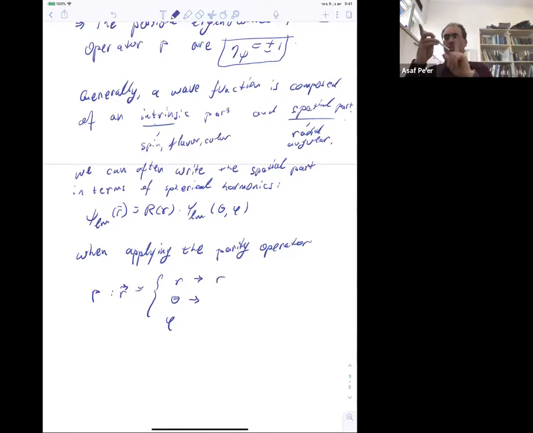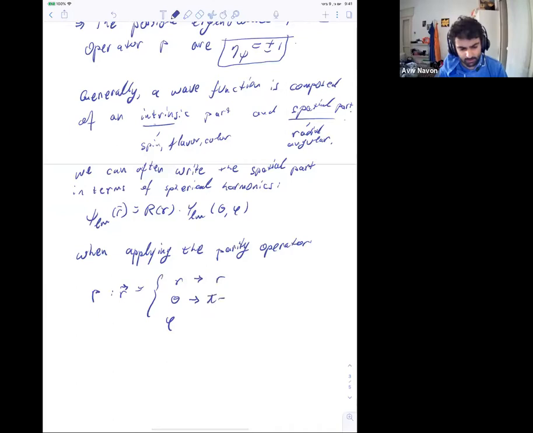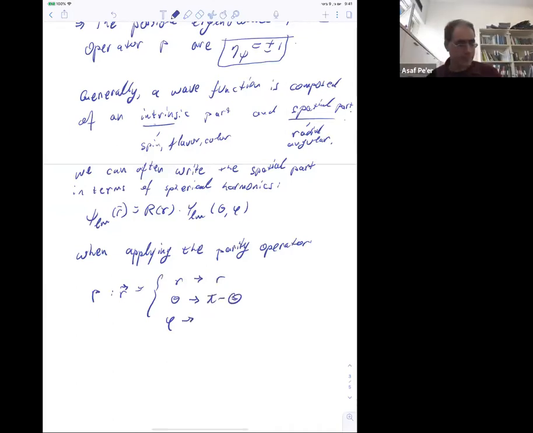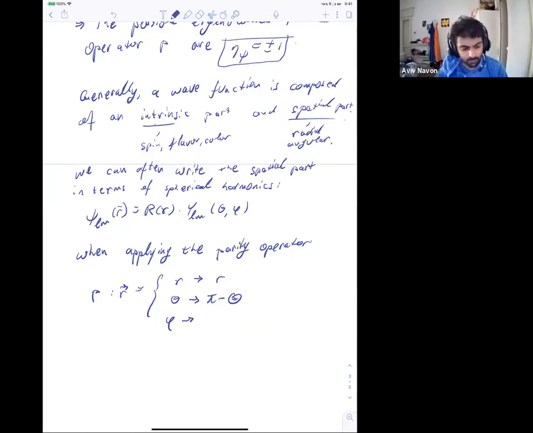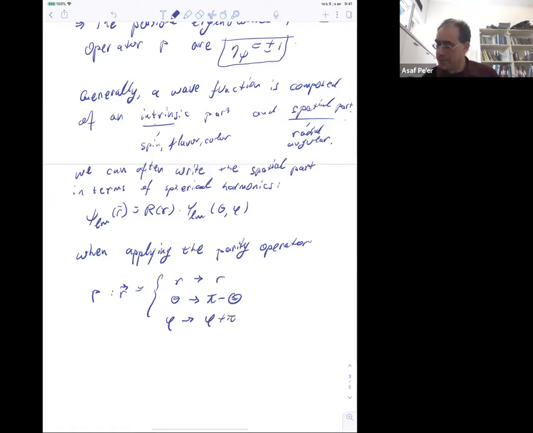Remember, this is theta. What happens to theta now? Theta goes to pi minus theta. And what happens to phi? It goes to pi plus phi.